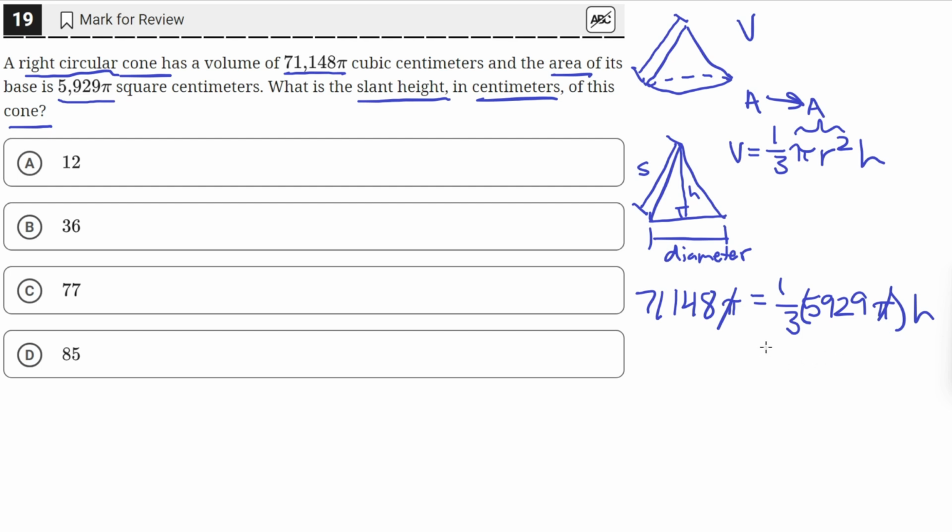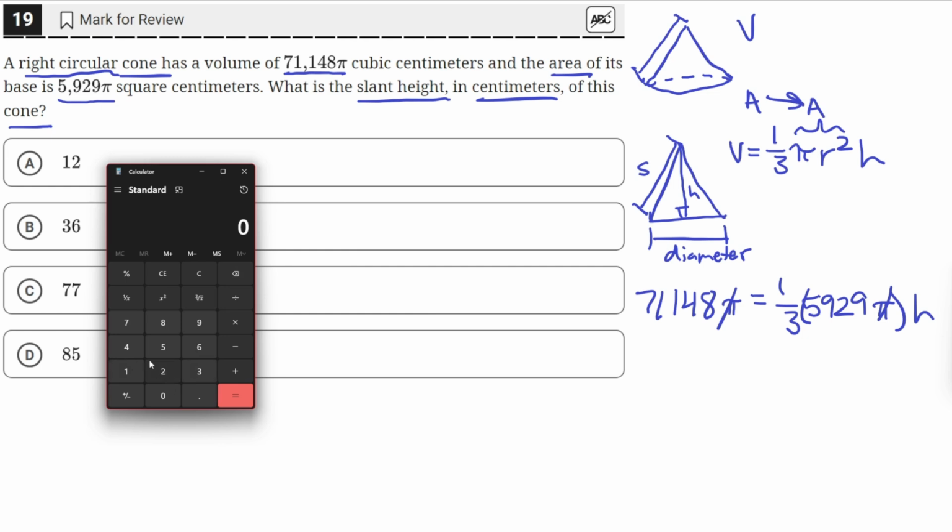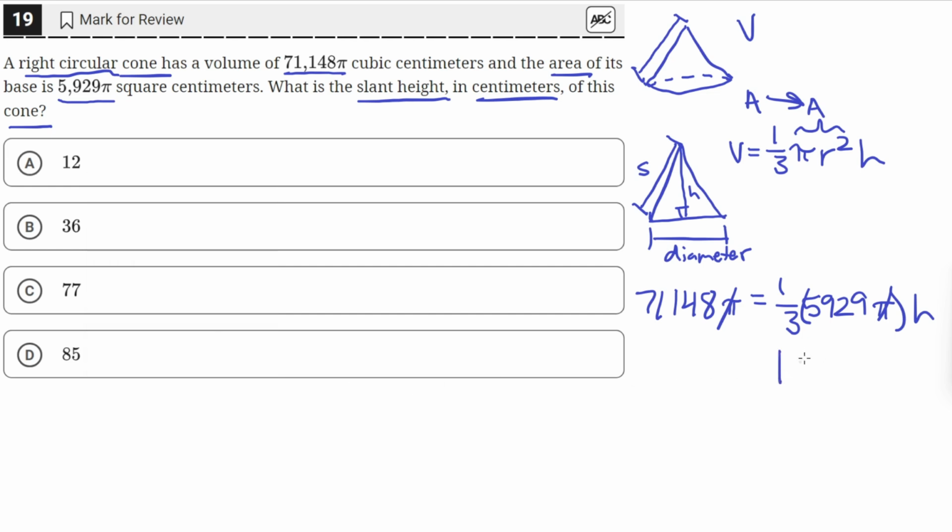Now let's distribute out this 1/3. If we get our calculator out, 5,929 divided by 3 equals 1,976.33 times the height. That equals 71,148.